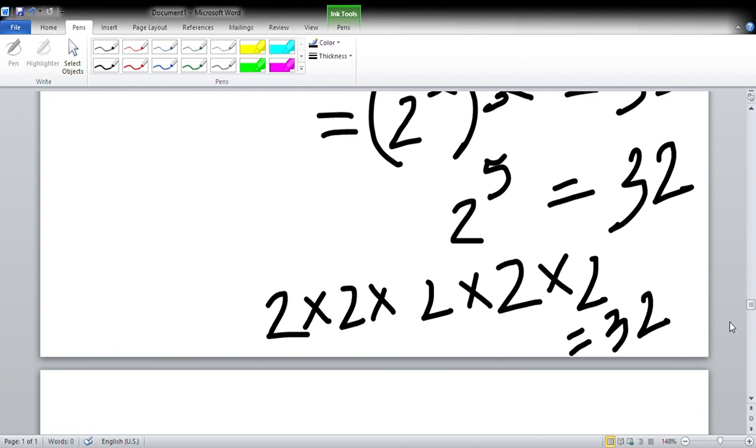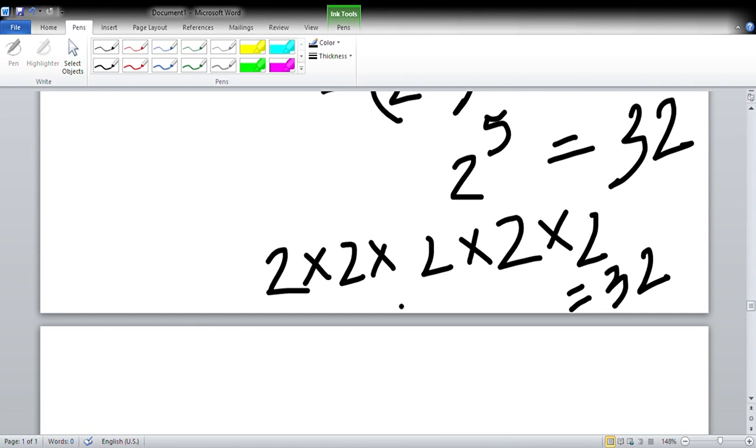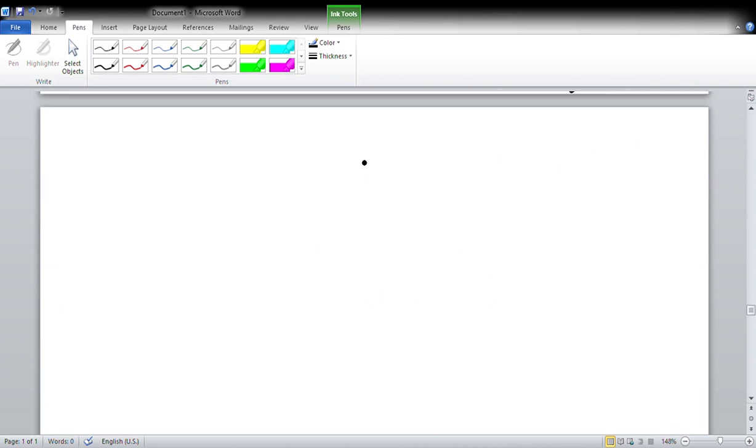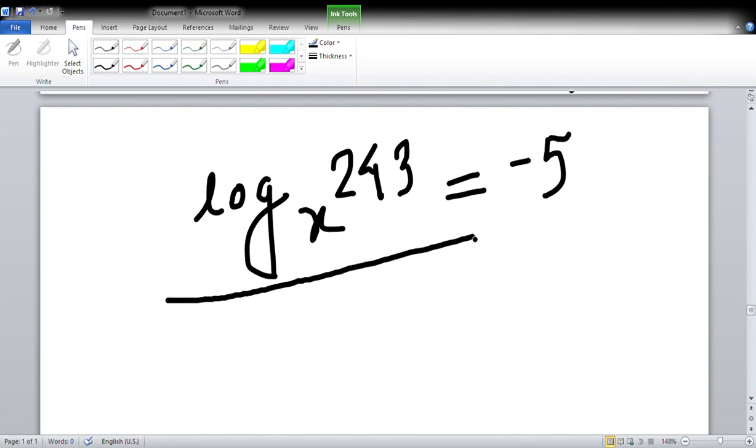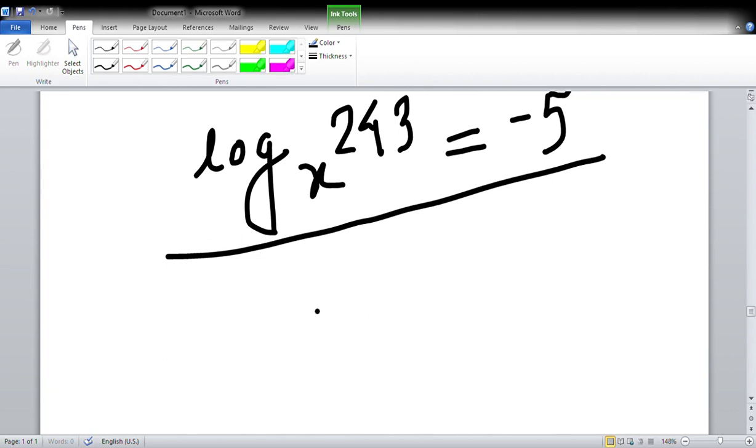Now the last problem. Log of 243 with the base x is equal to minus 5. It is written in logarithmic form, so we have to convert it to exponential form.